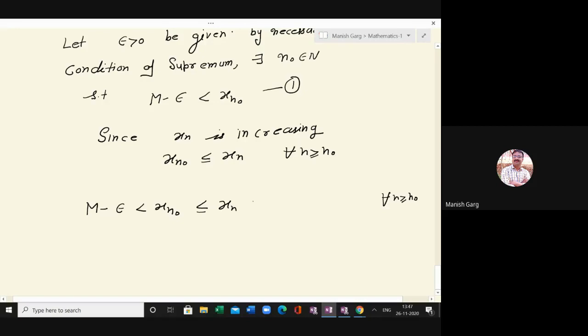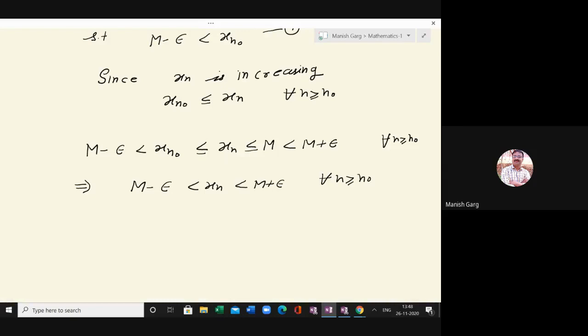This Xn will be less than M, because M is the supremum of the set Xn, so it is also less than M plus epsilon. So here you can write M minus epsilon is less than Xn is less than M plus epsilon. Or what is this?